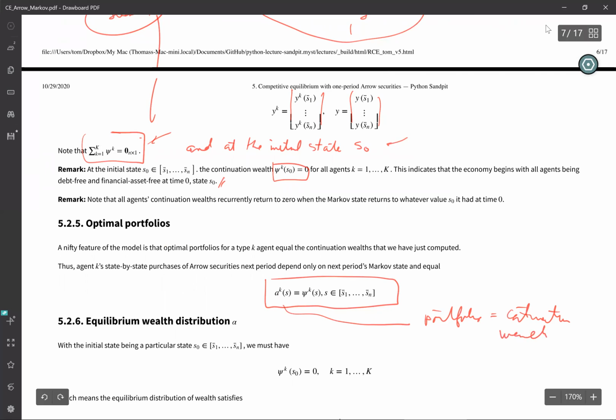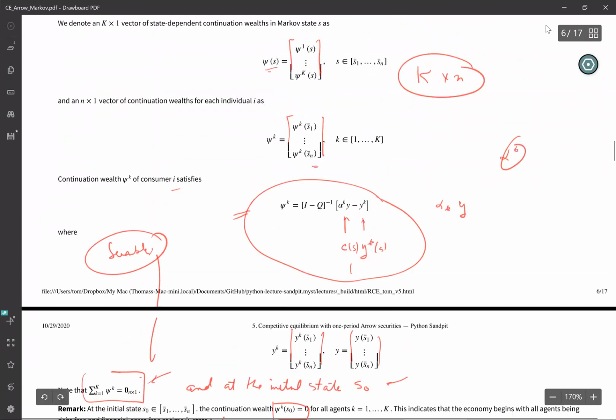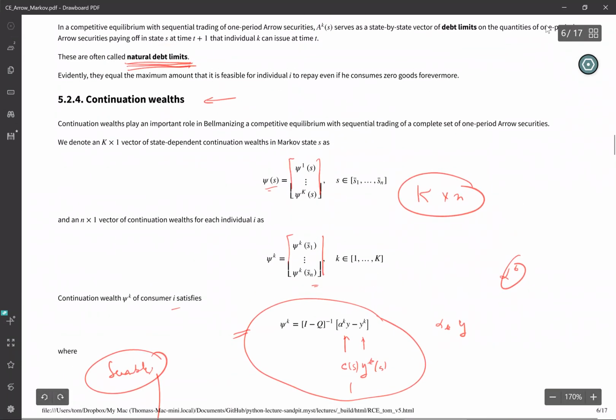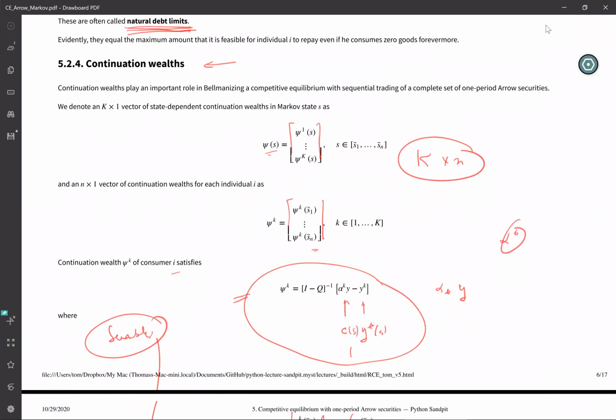Now, we're using a tricky kind of back-solving technique. We're using lots of insights that we got already from chapter 9. So where am I using them? I already know that the equilibrium allocation equals the solution of the planning problem.